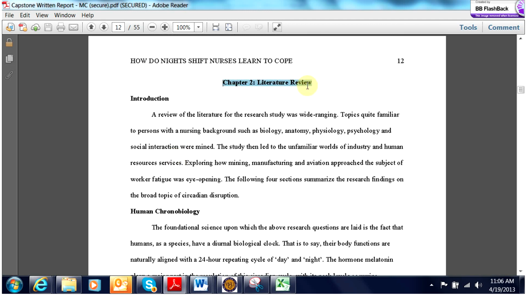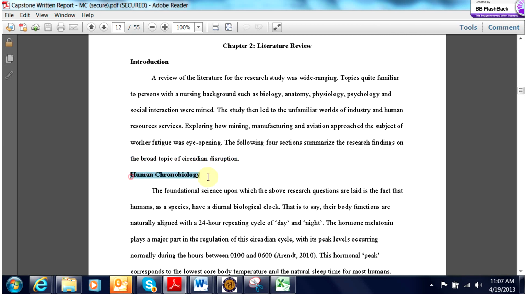Now here is what SK2 Task 3 is all about, writing a literature review. So notice Mary introduced, again, the literature review, not the topic. She introduced what's going on in her literature review, what she wanted to explore. So she tells us the following 4 sections summarize the research findings on the broad topic of circadian disruption. So her first heading was on human chronobiology.